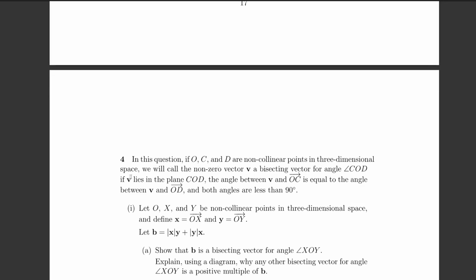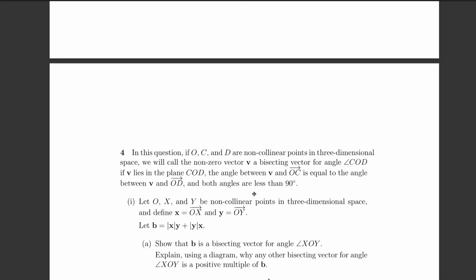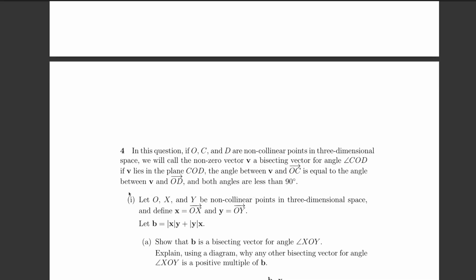It basically needs to satisfy these conditions, and then they give us a scenario. So we have basically the same situation as in the example: three non-collinear points in three-dimensional space. And then they define B to be this vector.